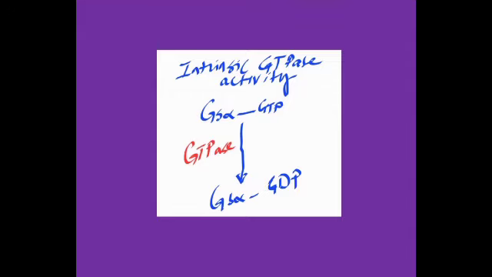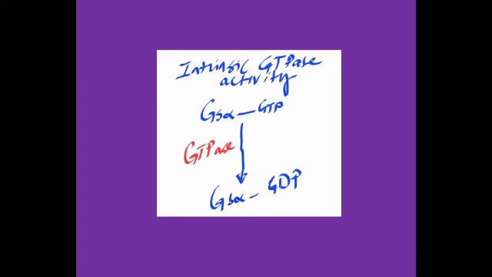So if you replace this one with GDP, then this alpha subunit, Gs alpha, is no longer able to activate adenylate cyclase. So that is called another turn-off or termination mechanism, by stopping the activation of adenylate cyclase.